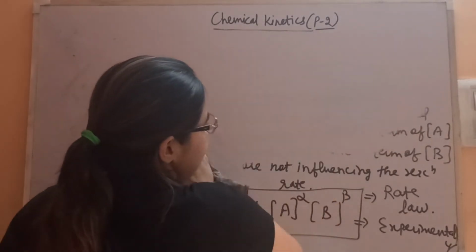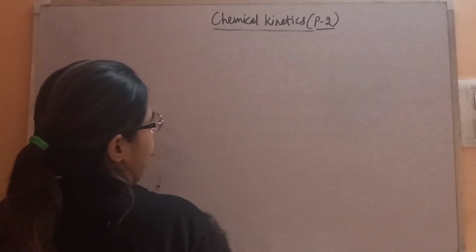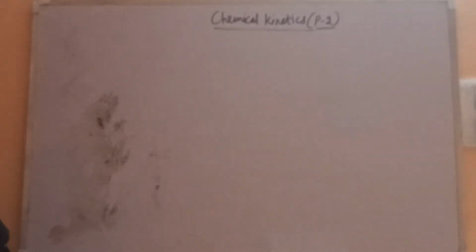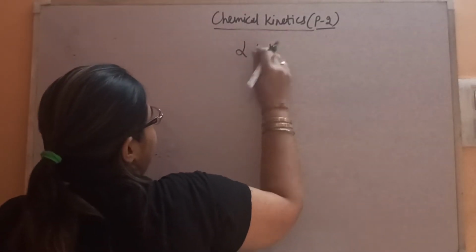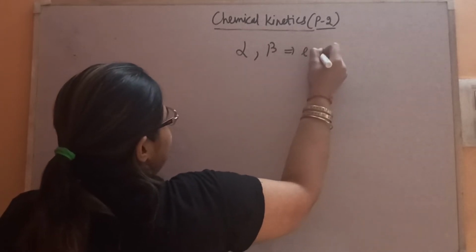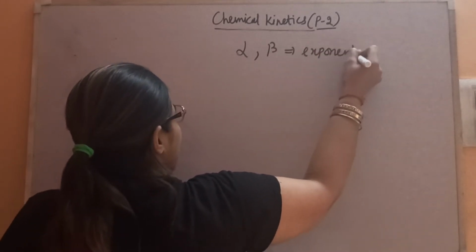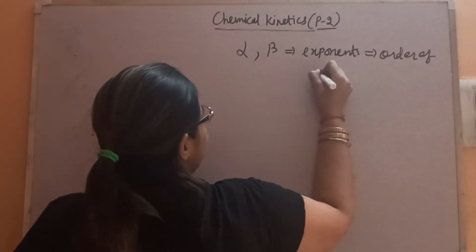Now let's see these alpha and beta. They are known as exponents, which are known as the order of reaction. We'll see what is order of reaction.